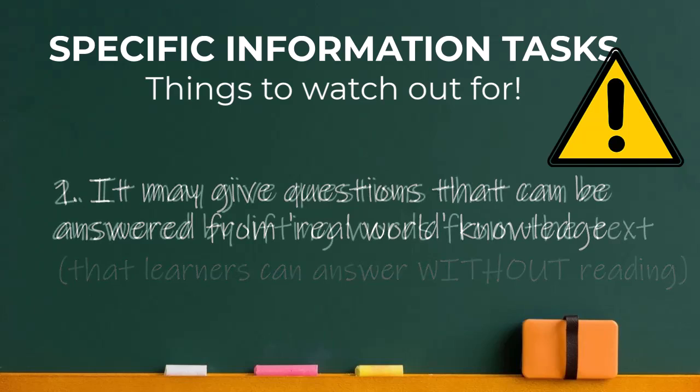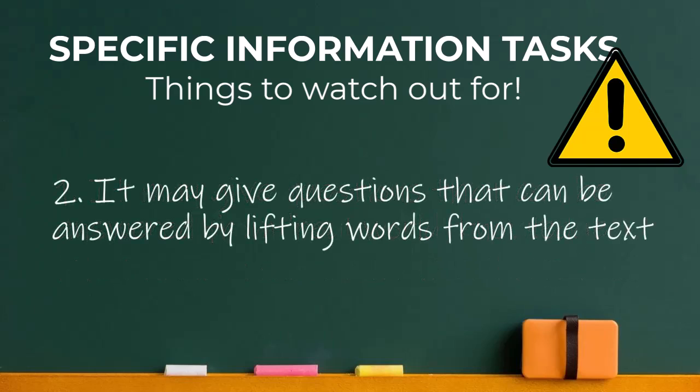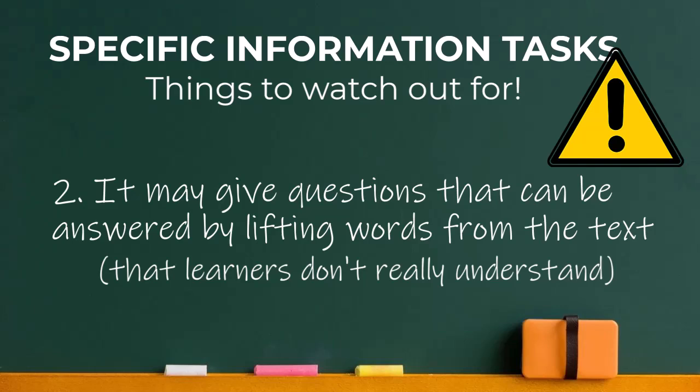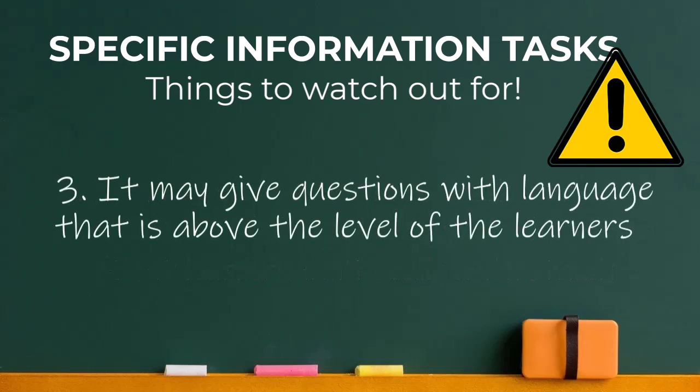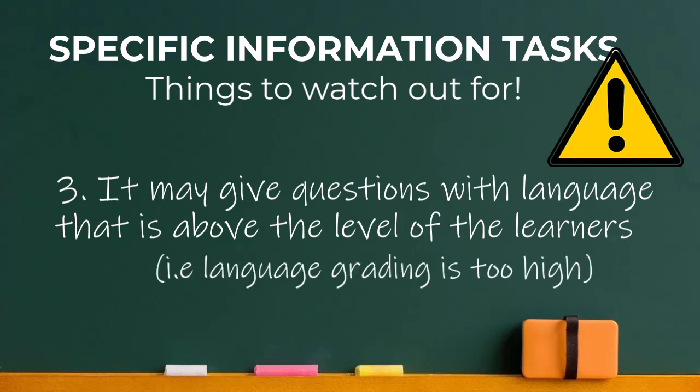Issue number 2, some of the questions it generates will include language that can just be lifted from the text, maybe without being understood. And issue number 3, language grading. You can ask it to make the language simpler, but to be honest, it's easier just to edit it yourself.